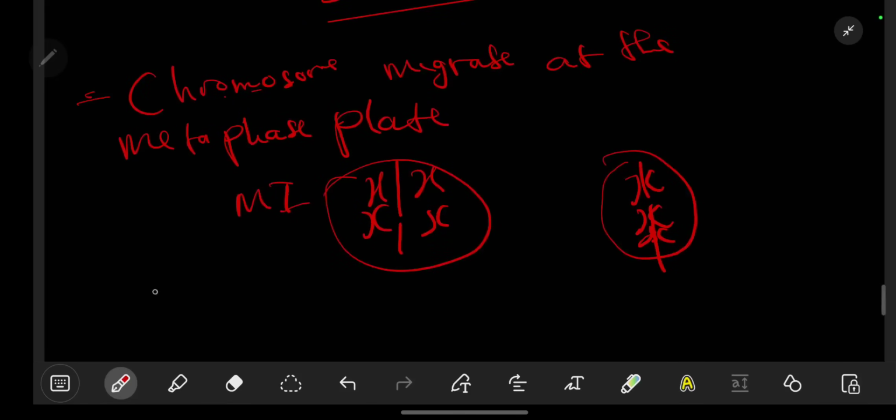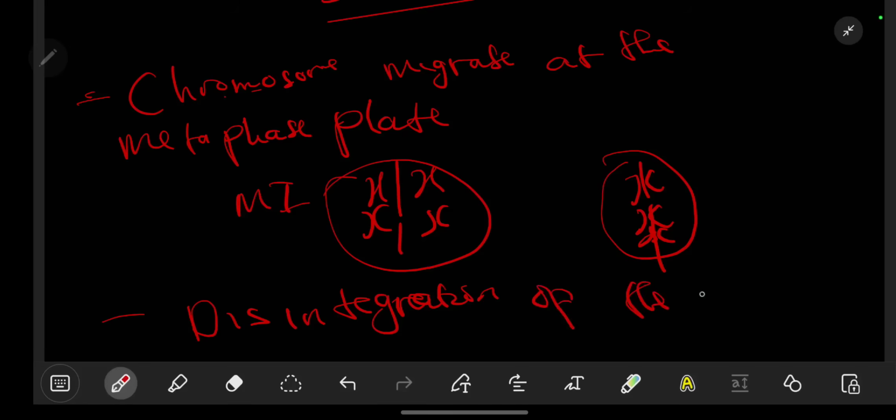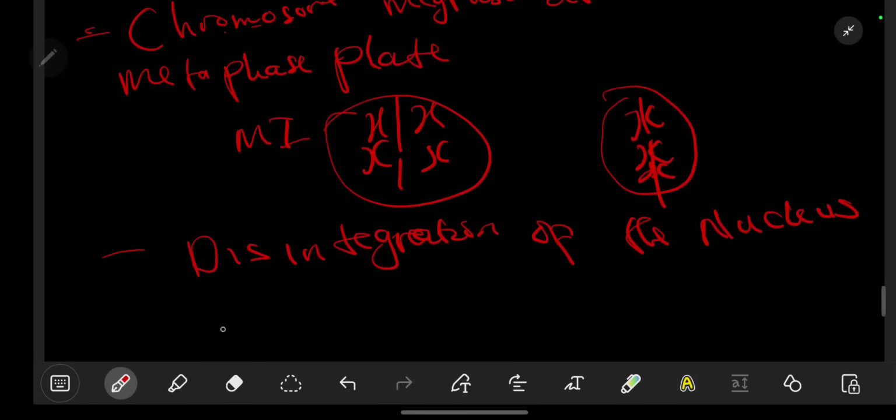Then the other thing that is done is the disintegration of the nucleus, which is the nuclear pore and the nuclear envelope, disintegrates.